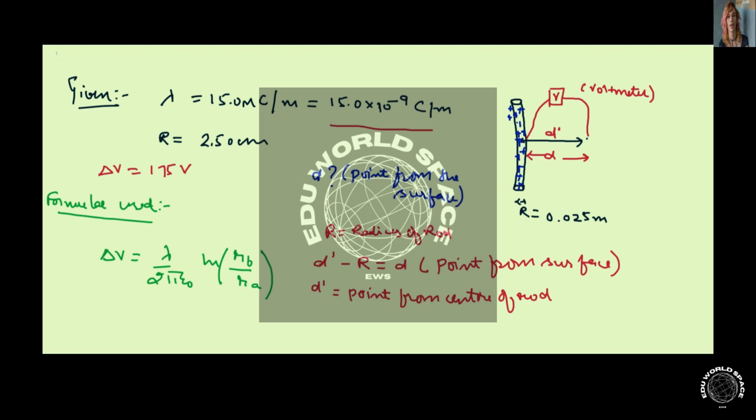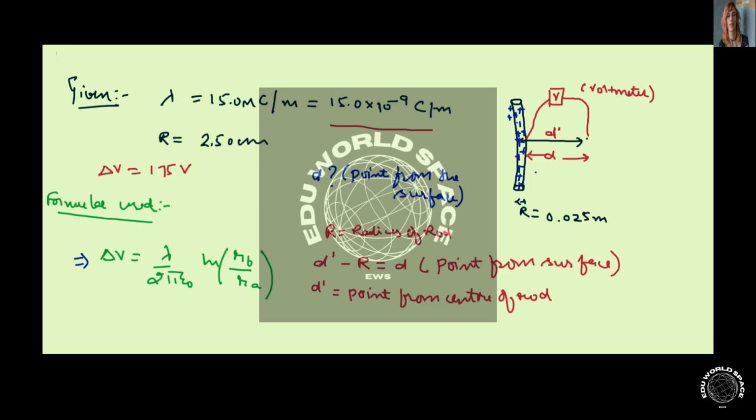We will calculate d prime first using this formula: delta V equals lambda by 2 pi epsilon naught times logarithm of rb over ra. Rb is the distance from the center of the rod to the point, and ra is also a distance from the center of the rod to another point.